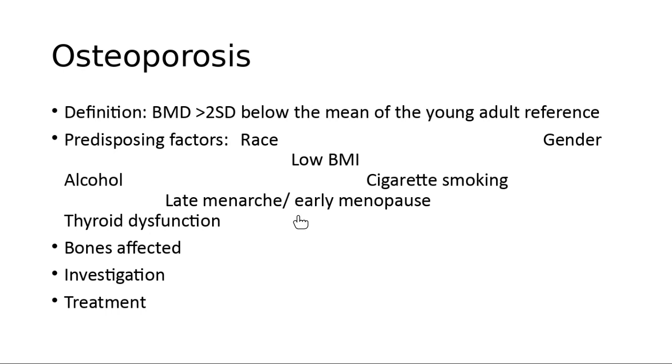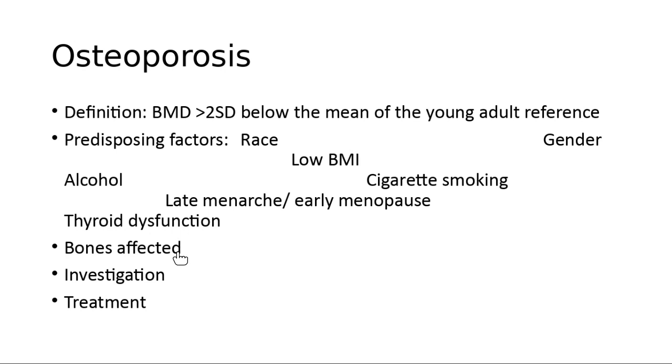Okay. Now, what are the bones that are affected in osteoporosis? We've already looked at the distal radius. The other bones that are affected primarily are the hip bone and the spine.